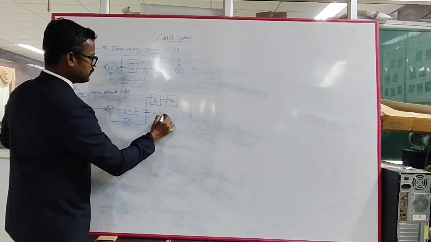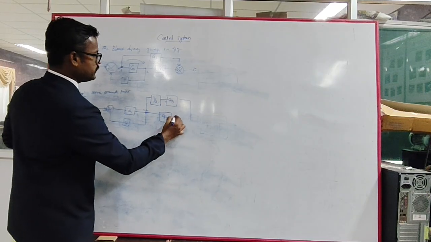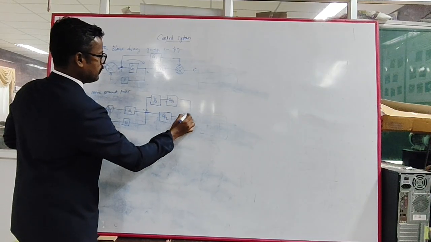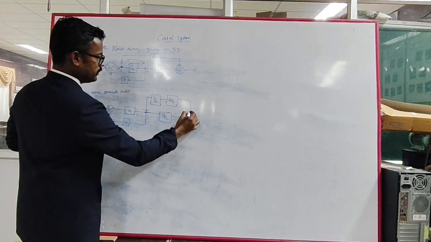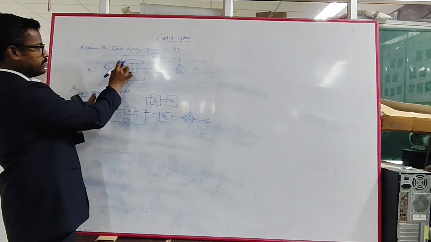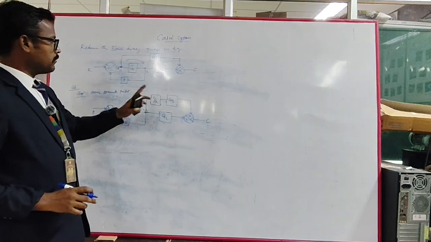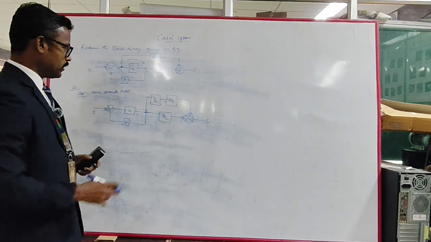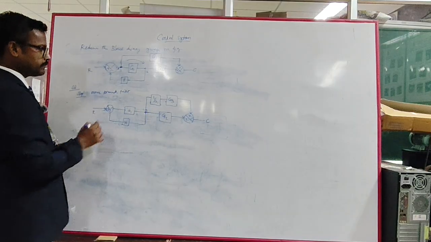The remaining thing is to move the same summing point, where positive and C are. We are moving this summing point to this point, so we have to multiply it with 1 by G1.